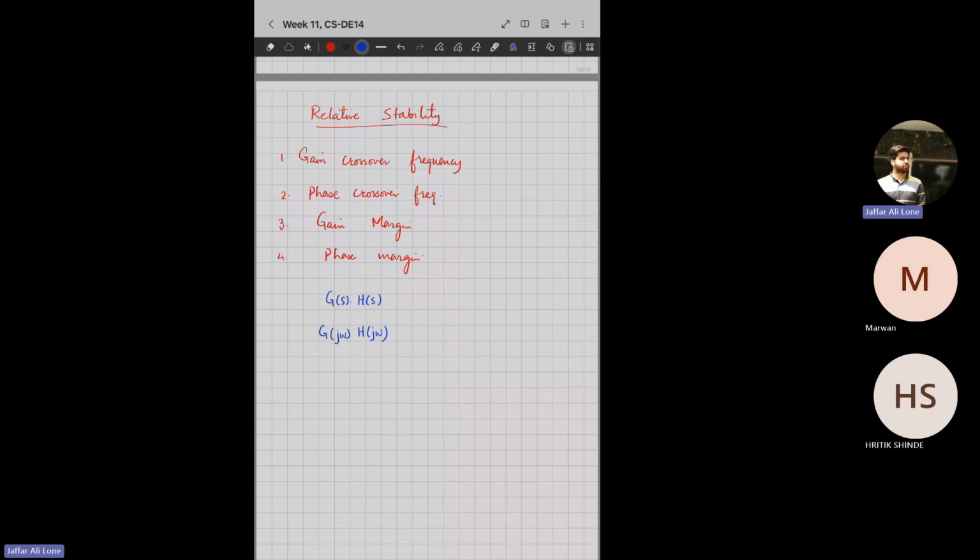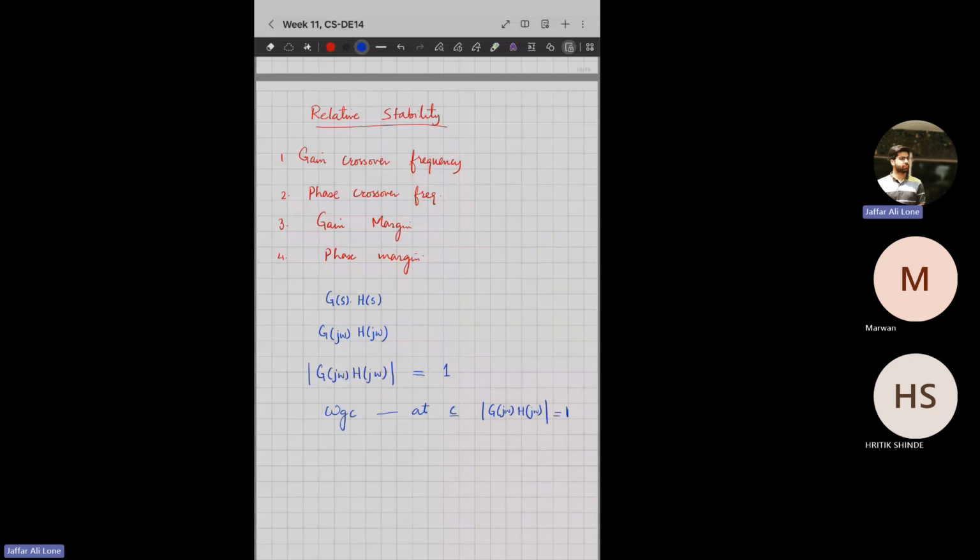If we consider the magnitude of this transfer function to be 1, then the frequency at which this magnitude is 1 is called the gain crossover frequency, denoted by omega gc. It is the frequency at which the magnitude of G(j omega) is equal to 1.